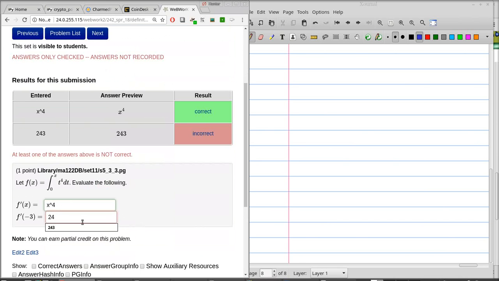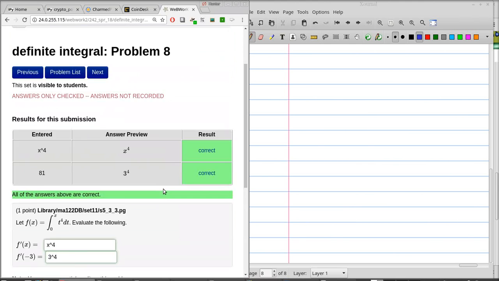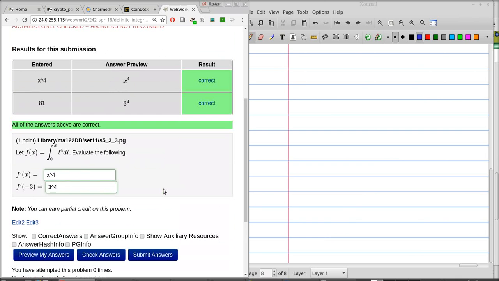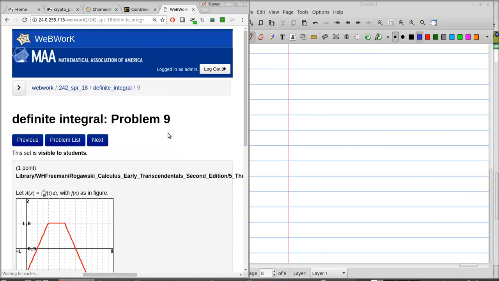It's going to be 3 to the 4th power. What is 3 to the 4th power? Can I write it like this? 3 to the 4th power. Okay. And why did I get that wrong? Oh, 243? I don't know why I can't do it. Sorry. Next question.